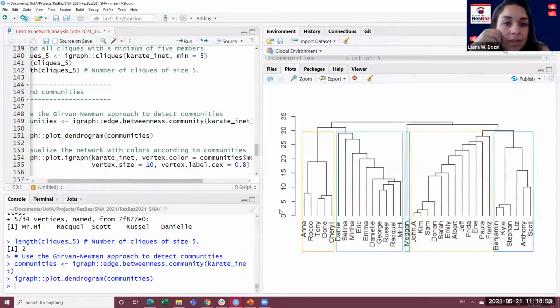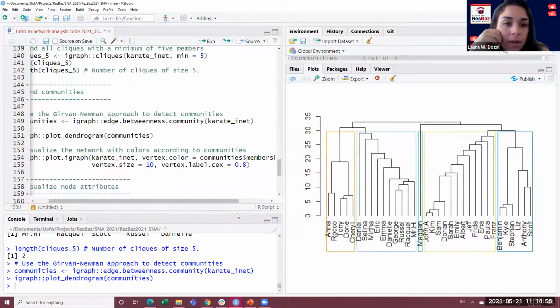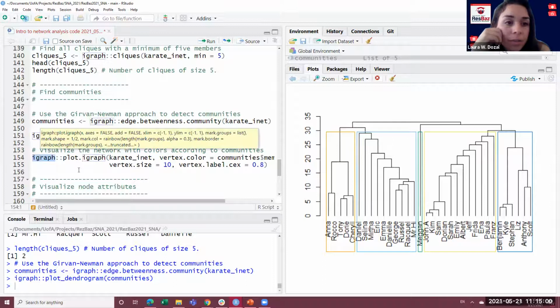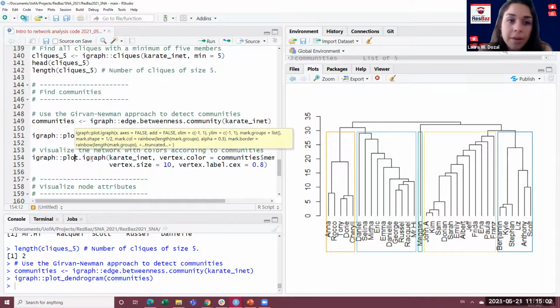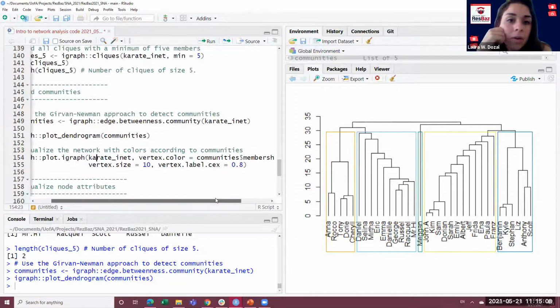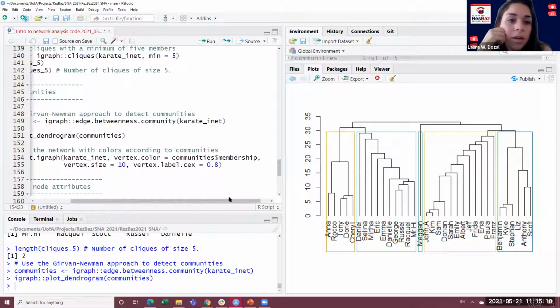But let's plot it. Let's look at it in the fun network looking form. So again, our iGraph package. We're going to plot the iGraph. We're going to use our karate network. Our vertex colors are going to be the communities and the membership.